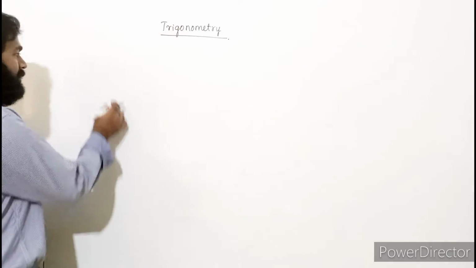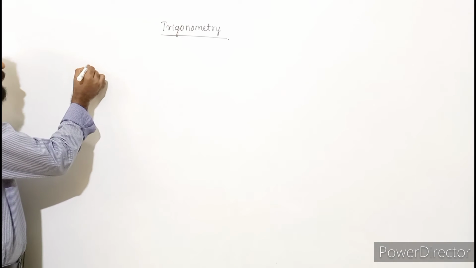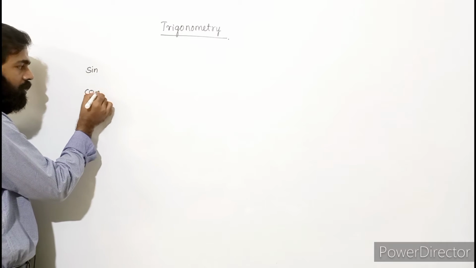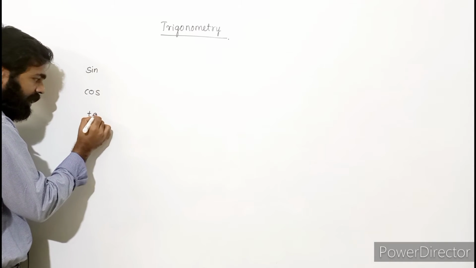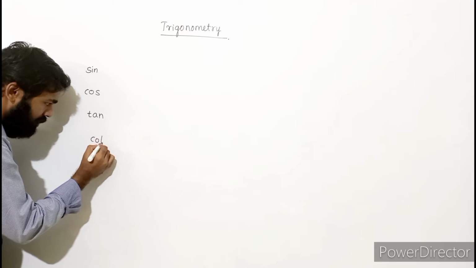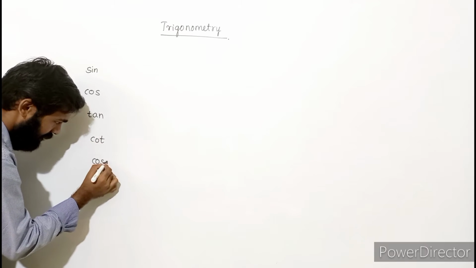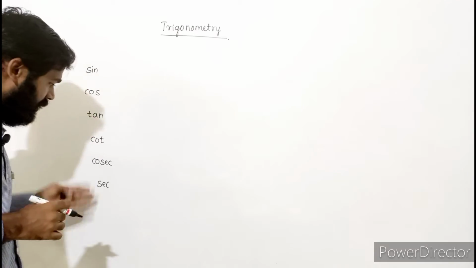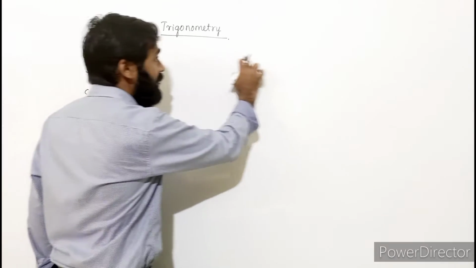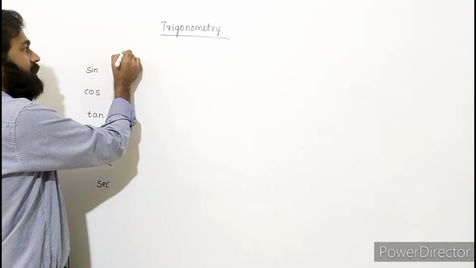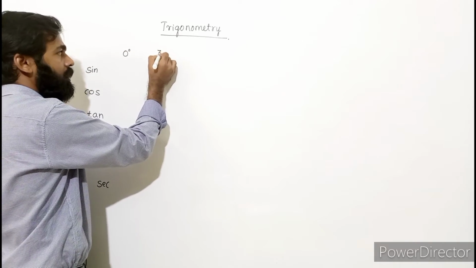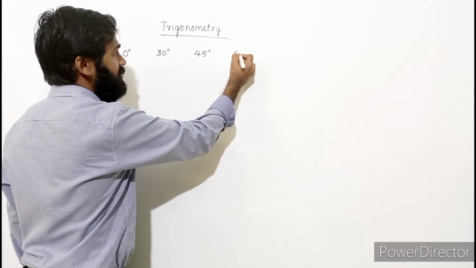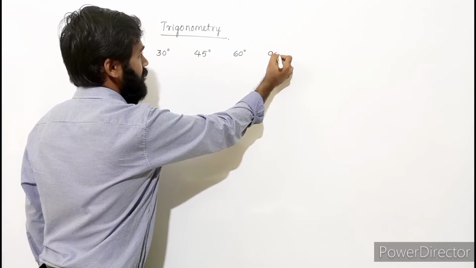On this side, I will write the trigonometric ratios: sine, cos, tan, cot, cosec, sec. And here I will write the standard angles: 0 degree, 30 degree, 45 degree, 60 degree and 90 degree.